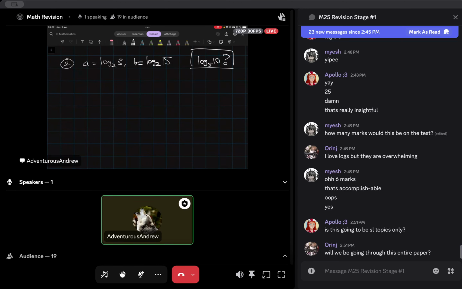A is equal to log base 2 of 3, B is equal to log base 2 of 15. What is this? If you're not sure where to start, I would start with the end in mind. 10 is 5 times 2.